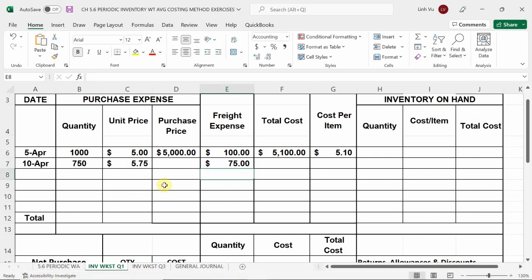Okay, so in this case, purchase price is $4,312.50 and then total cost is $4,387.50. So in this case, it is optional if you want to do a cost per item. But right now, no. We're going to save it to the very end to do the rest. Okay.